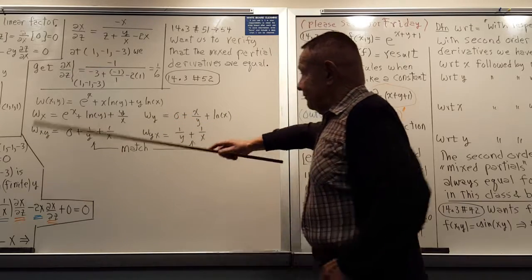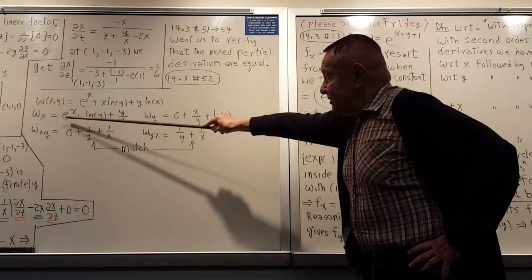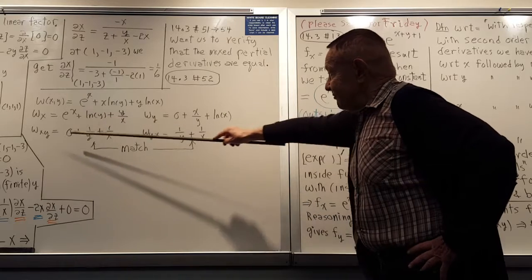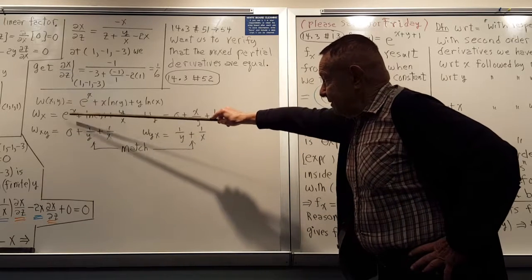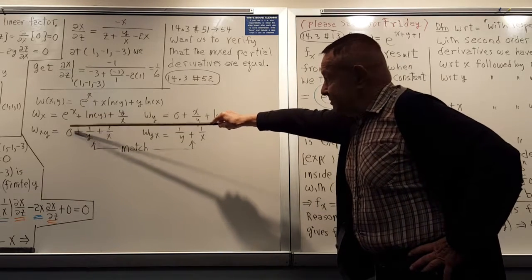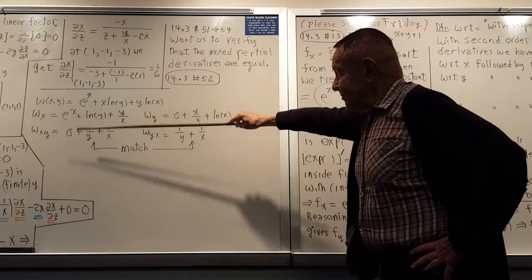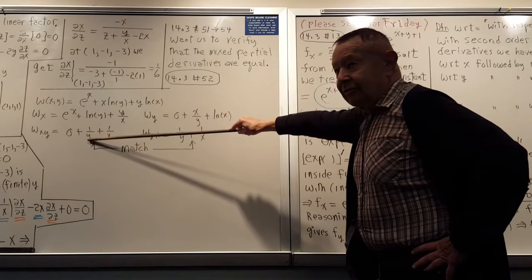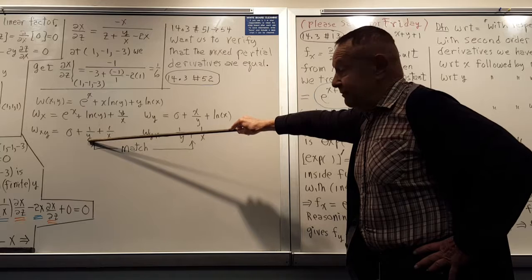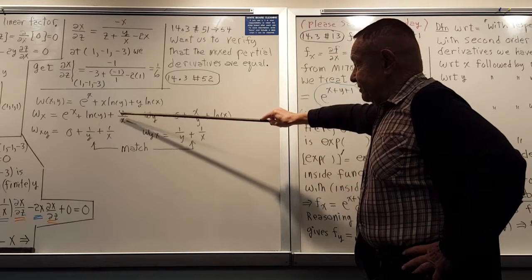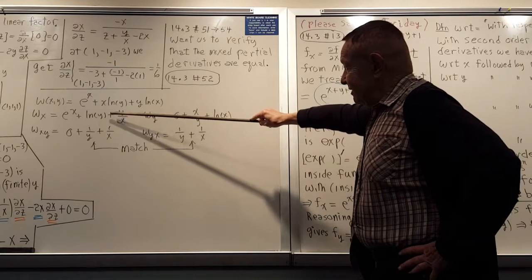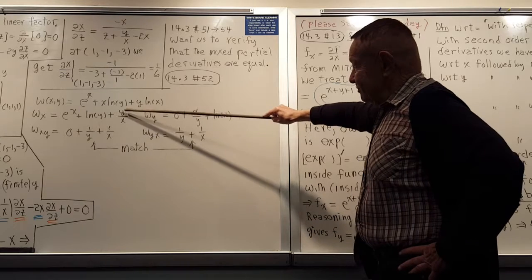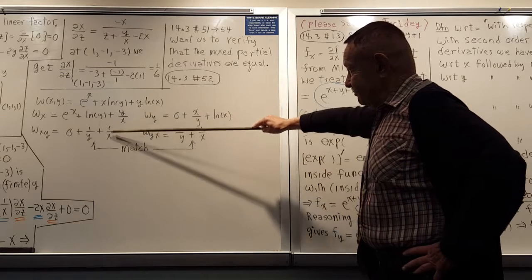But now if you do the partial of this with respect to y, that disappears because there's no y there. This is 1 over y, math 170. And this is the constant, 1 over x, times y, and the derivative of that y is 1.